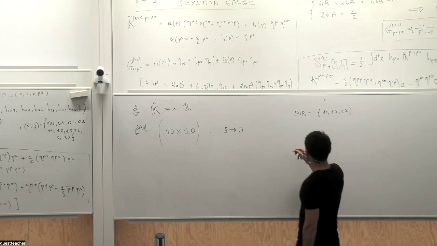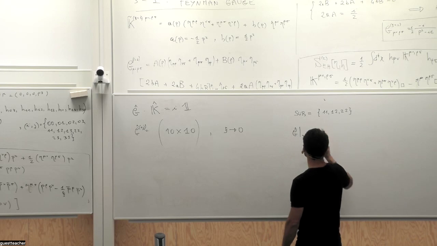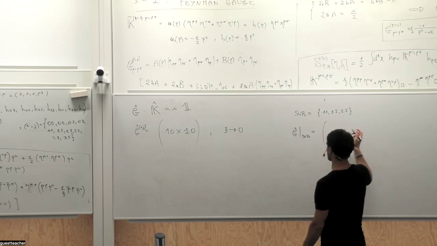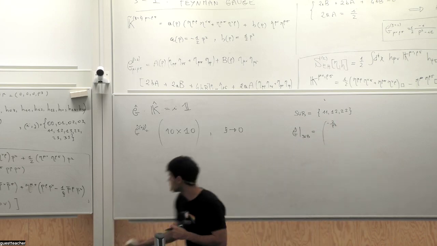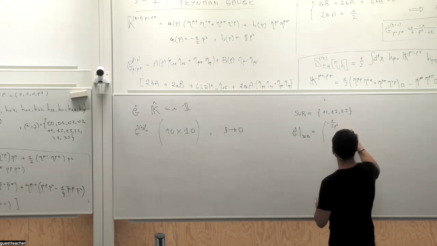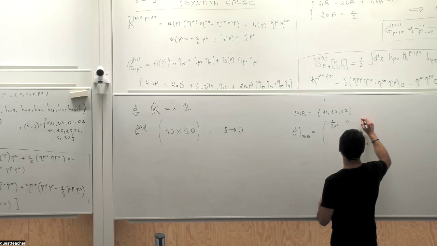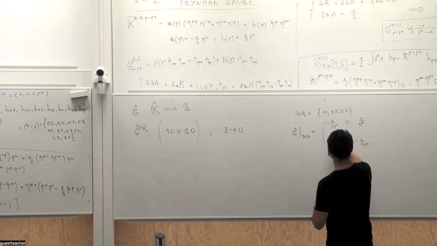You will see that what you will get is the following: sub equal to a 3 by 3 matrix, as I said, which is 2 over p square, minus 1 over 2p square, minus 1 over 2p square, minus 1 over 2p square, 0, 1 over p square, 1 over 2p square, 0, 0, 0.